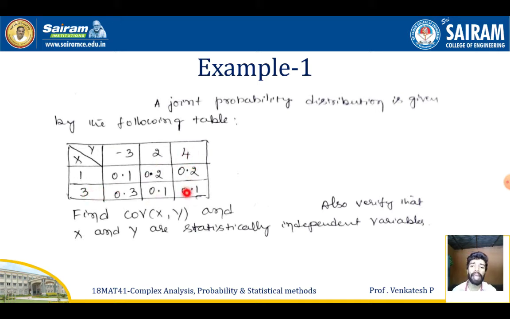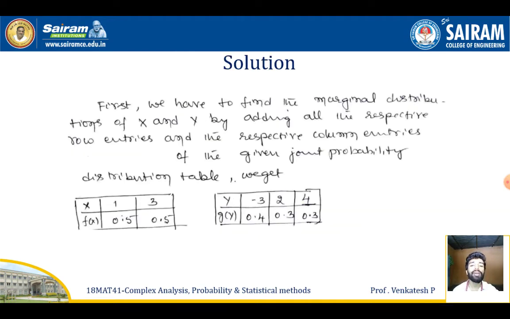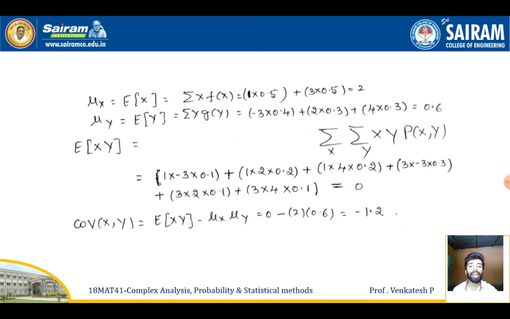On doing the summation, I got the value 0.